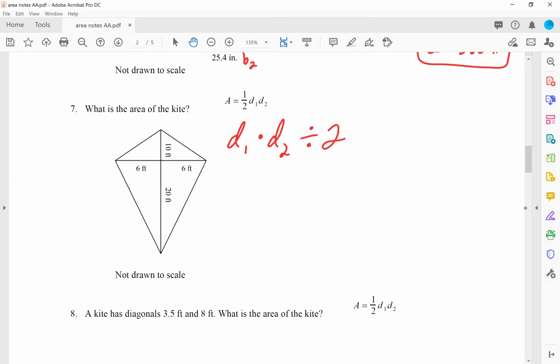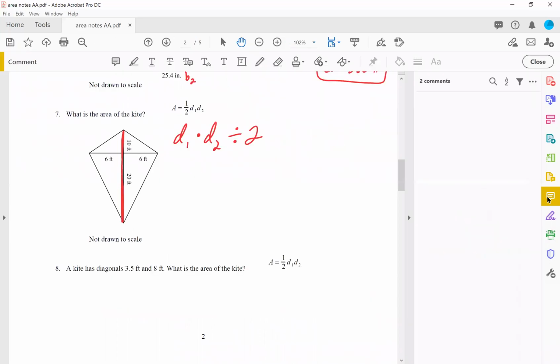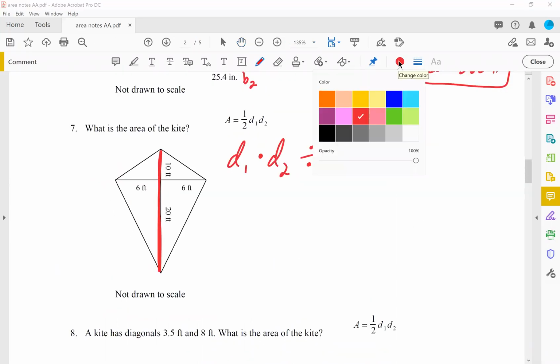Now your diagonals are these lines going from corner to corner. So from here, there, that's diagonal 1. And then the other line, that's diagonal 2. Let me get a different color.